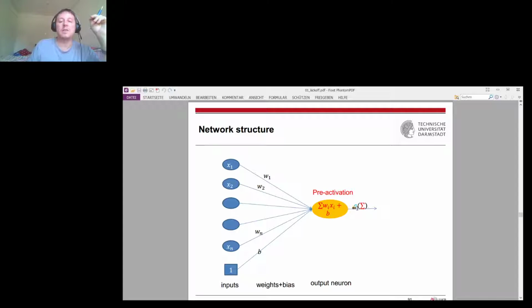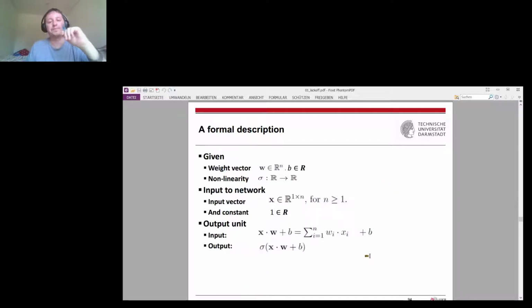We call this activation function sigma. Sigma stands, in our case, for activation function, or another term that you'll often hear in the literature is nonlinearity. And then from that we get an activation, and it could be 1 or 0, or it could also take other values depending on how this activation function looks.